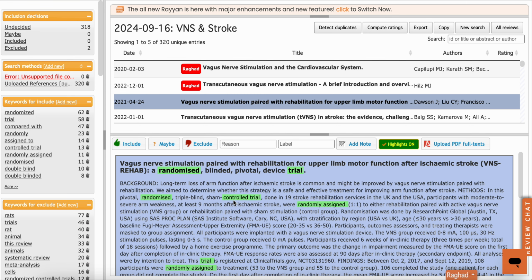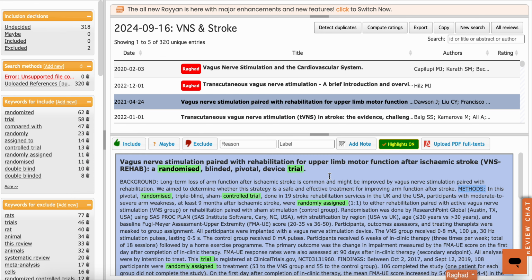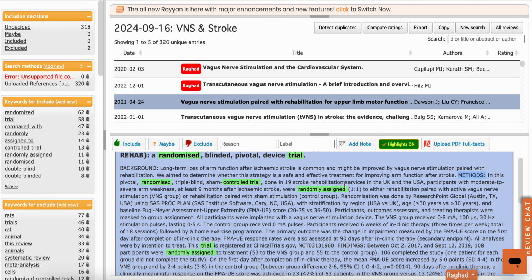This is the article: vagus nerve stimulation paired with rehabilitation for upper limb motor function after ischemic stroke, a randomized blinded pivotal device trial. Let's look at the abstract. Here in the methods, as you see, it's an RCT, so it is our study type, and it talks about the intervention, which is vagus nerve stimulation, and the outcome.